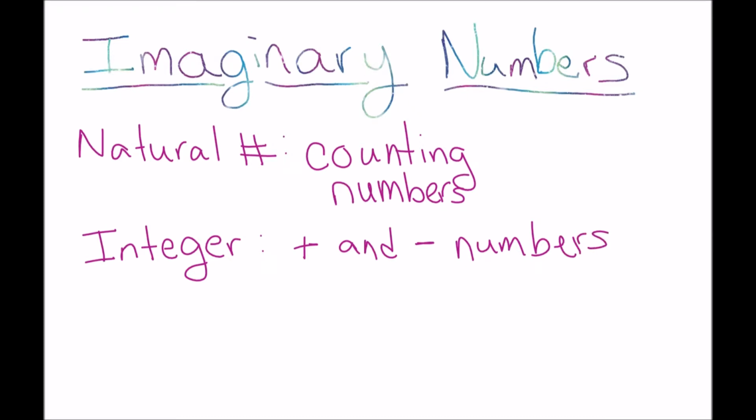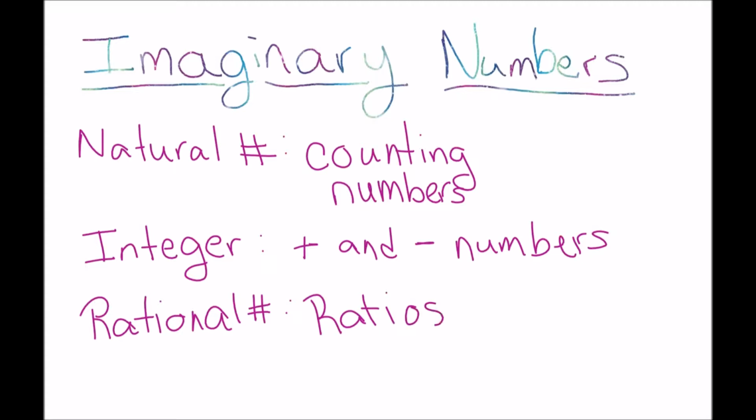The next part is a rational number. And these are ratios. So let me write that down. And feel free to take notes with me, or you could screenshot this when I'm done. A ratio would be like, say, 3/4. So you ate 3/4 of the pie.